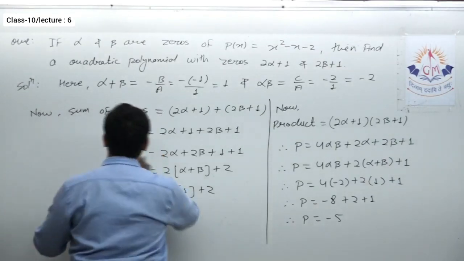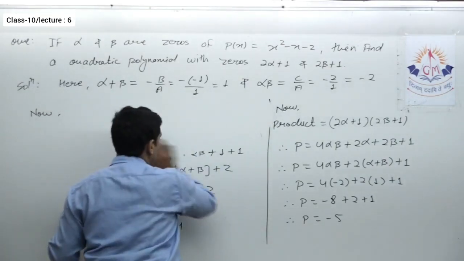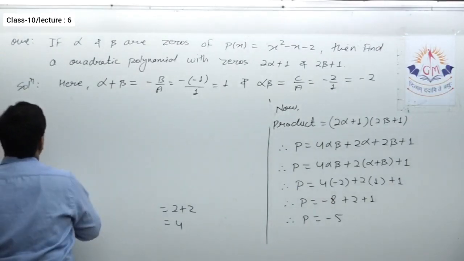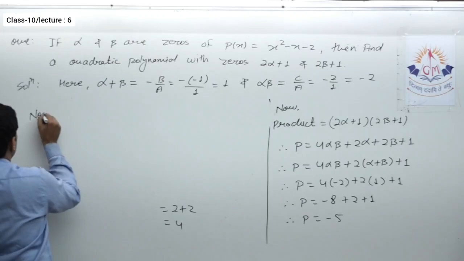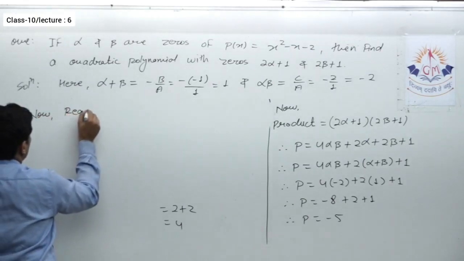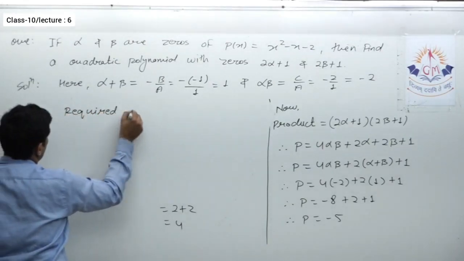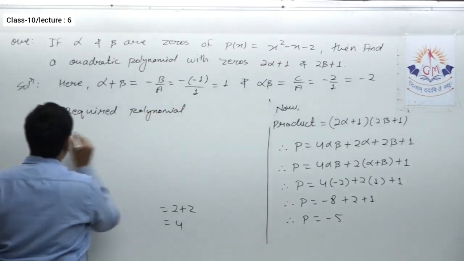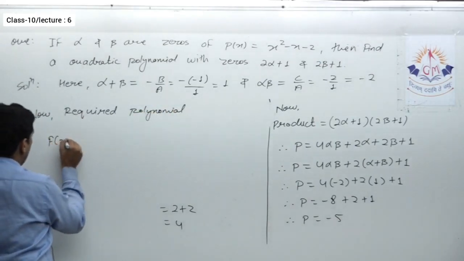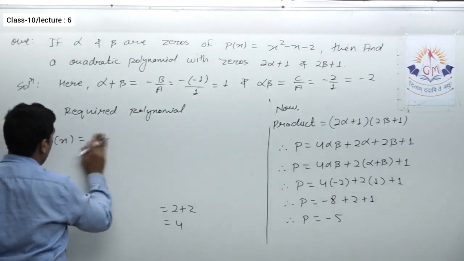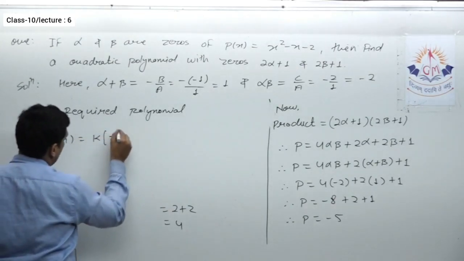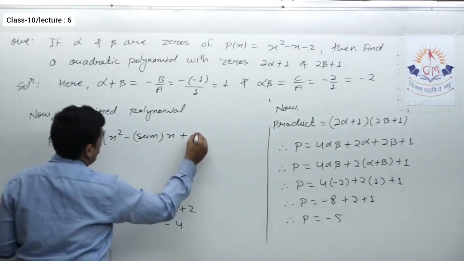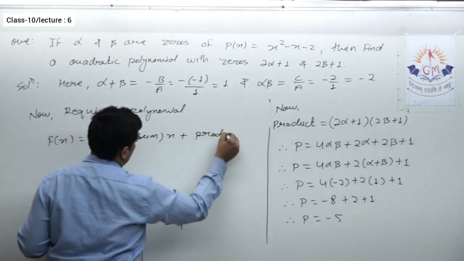Okay, so finally we are going to write the polynomial with the shortcut method that I gave you. So the required polynomial is f(x) equal to k multiplied by x² minus sum into x plus product.